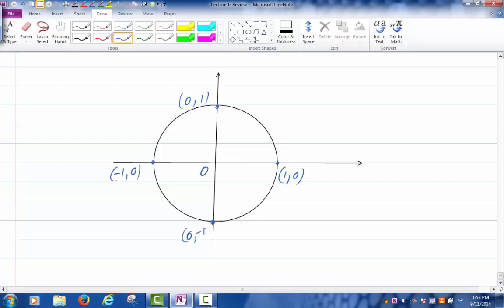And this point here is (0, -1), right? Now, if I have an angle, let's say this is the angle theta, terminal side for the angle theta, then this point, let's say, has coordinates x and y.